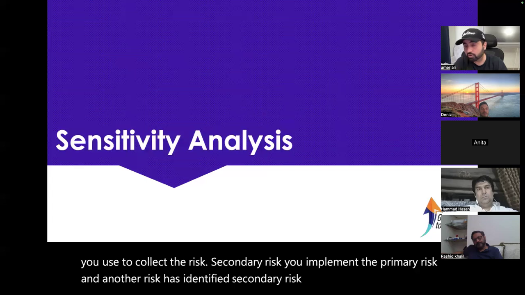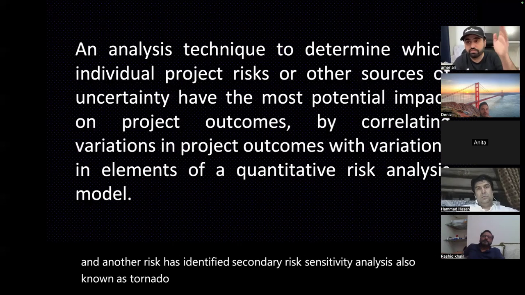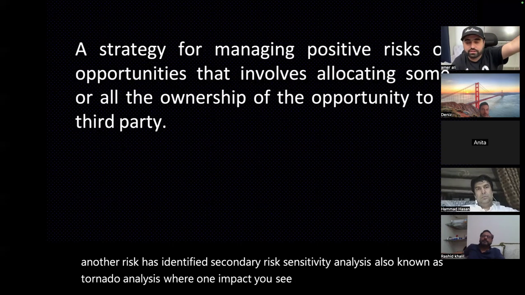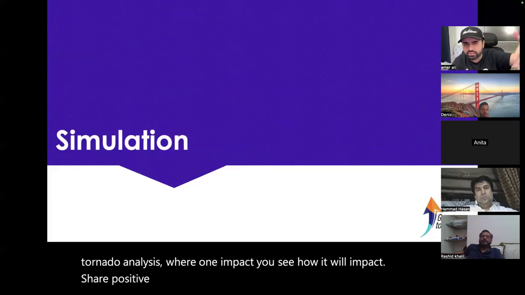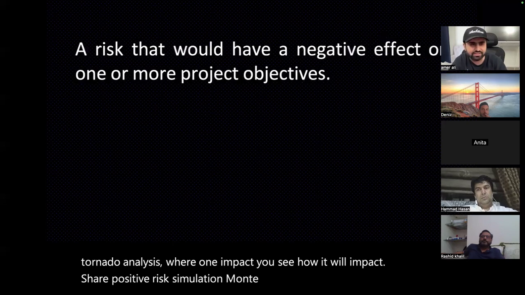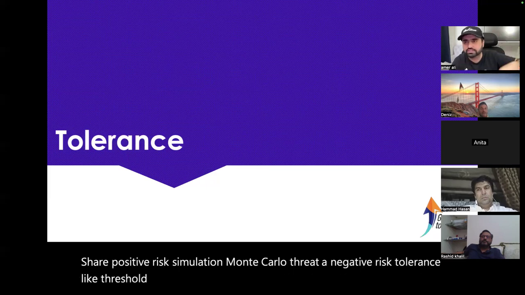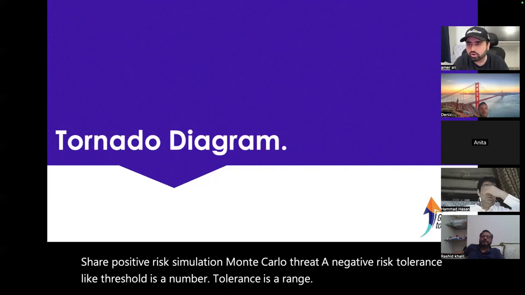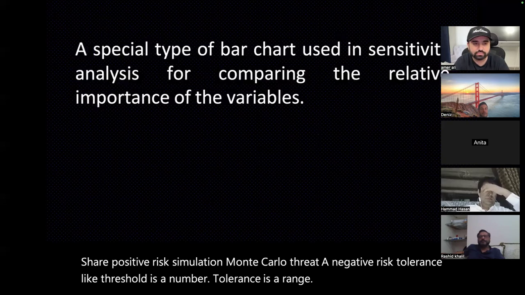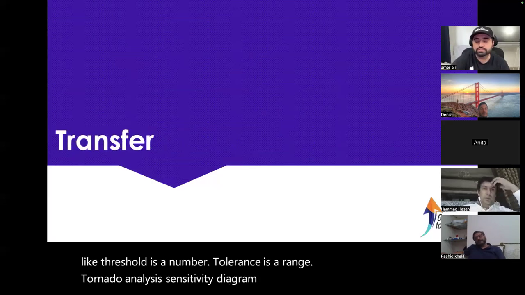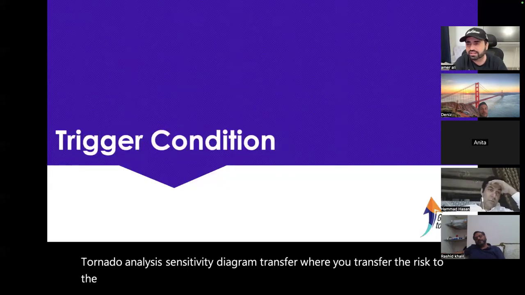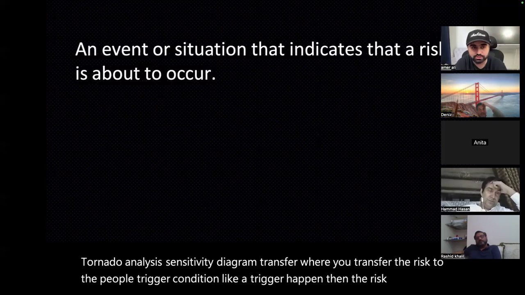Sensitivity analysis, also known as tornado analysis, where you see how one impact affects the outcome. Share, for positive risk. Simulation, Monte Carlo. Threat, a negative risk. Tolerance, like threshold is a number, tolerance is a range. Tornado analysis, sensitivity diagram. Transfer, where you transfer the risk to other people. Trigger condition, when a trigger happens, then the risk owner implements the risk response.